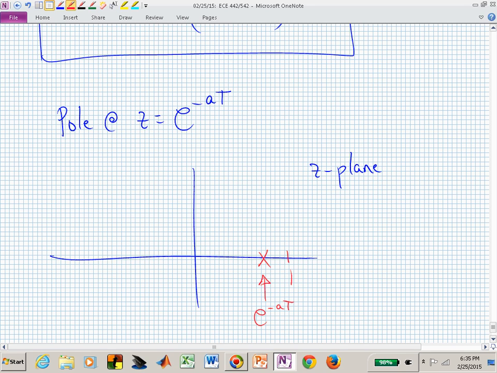And as you sample faster and faster, as capital T gets smaller and smaller, which way is that pole going to migrate? Towards the origin or towards 1? Now, which way is right and left? So if it's going right, that'll be thumbs up. If it's going left towards the origin, it's thumbs down.